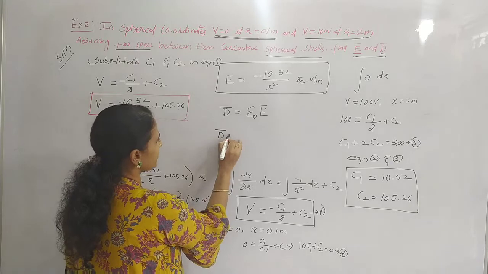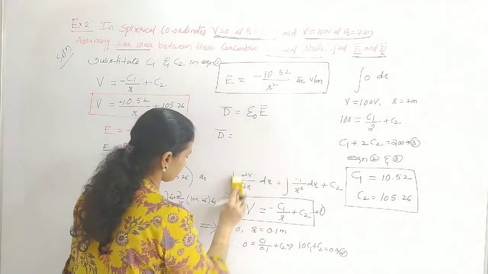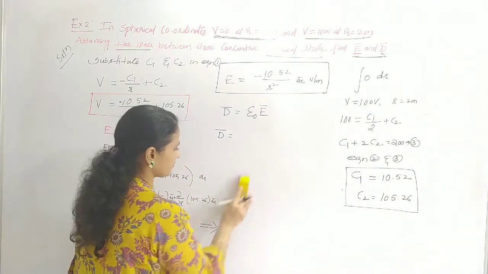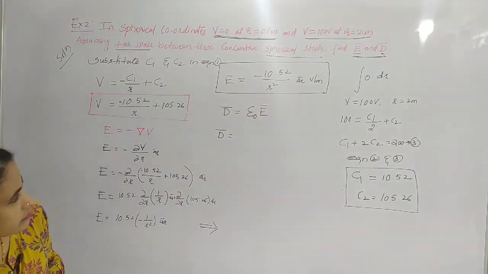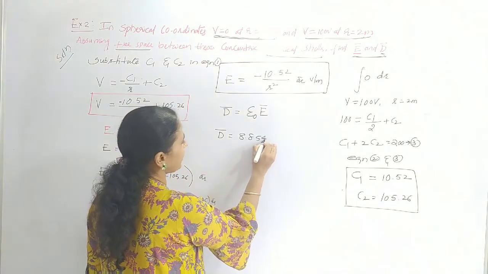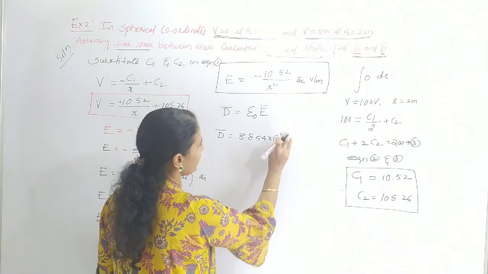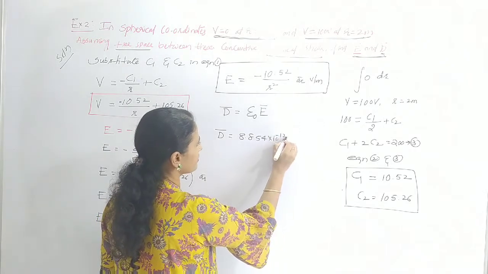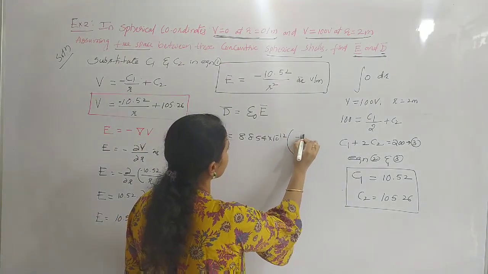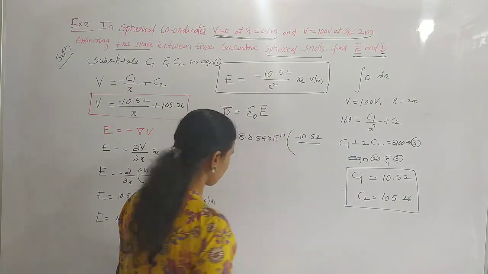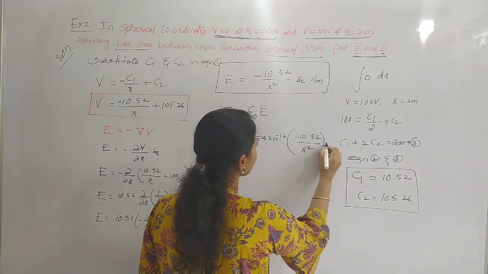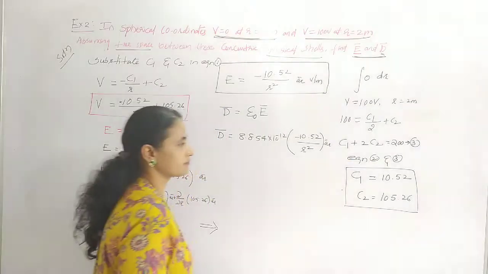So D bar is given by epsilon naught, whose value is 8.854 into 10 raised to minus 12, into E. E value is minus 10.52 by R square into AR.